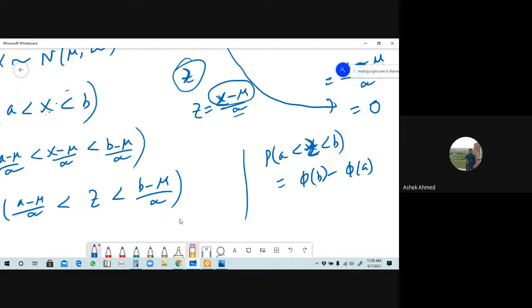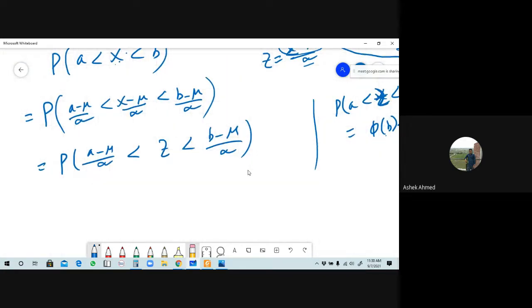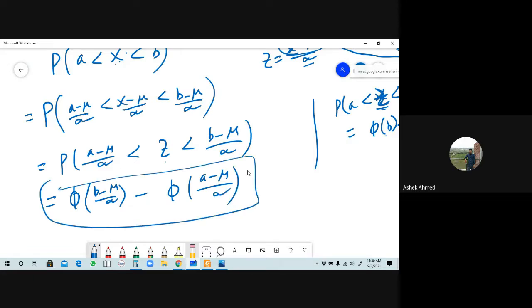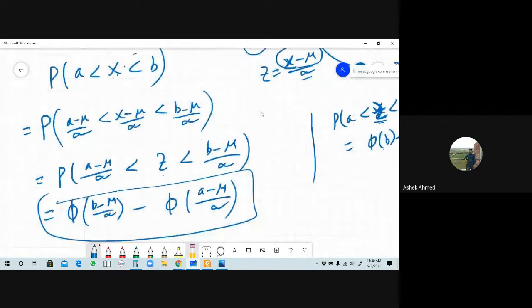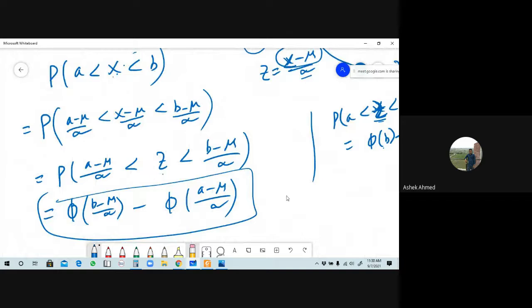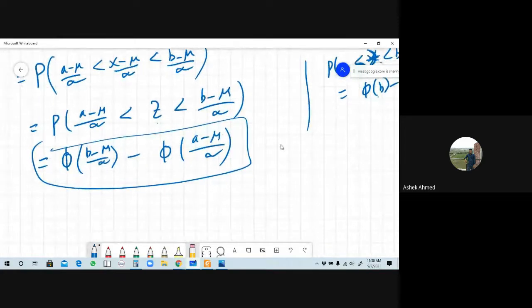So from here we can say that for z, phi of upper value b minus mu by sigma minus phi of lower value a minus mu by sigma here. Understand? This is the formula, this is the result here. This is the main concept for converting x into z. The main formula or main concept is this. By applying this formula you mainly have to convert.